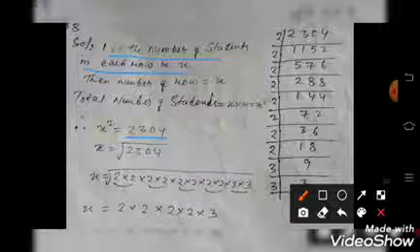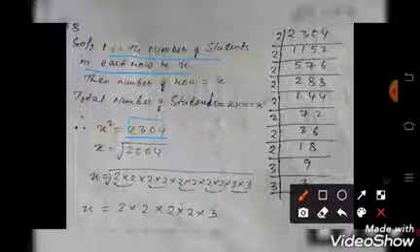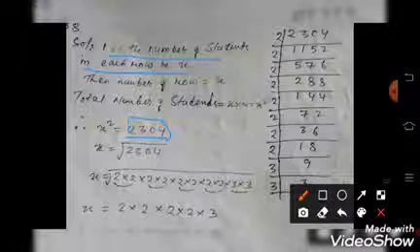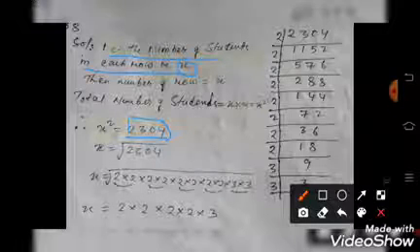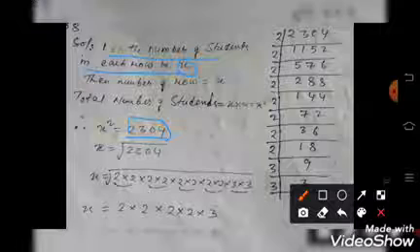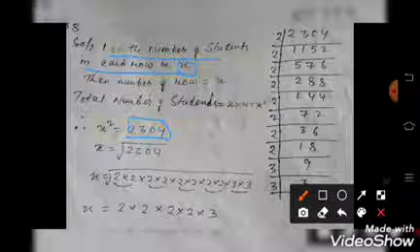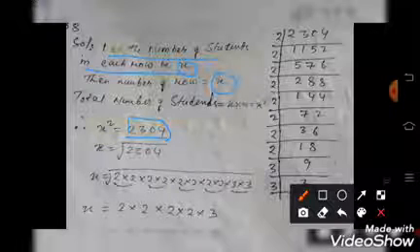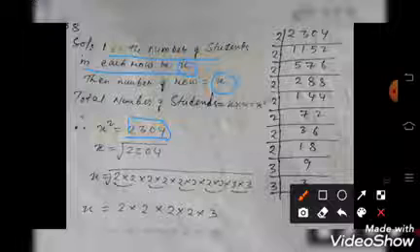So we have to take this x as the number of students in each row. Same, the number of rows also we do not know, and the question asks us to find the number of rows. So we will take this x as the number of rows.